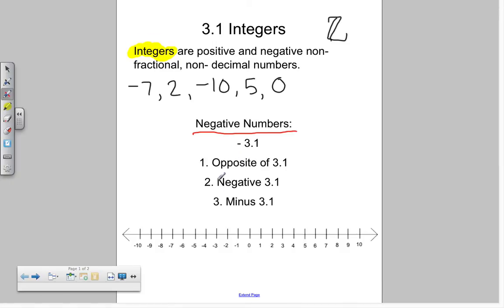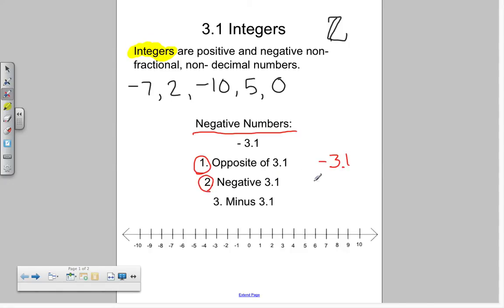There are 3 words that are associated with negatives, and I want you to get used to seeing them and thinking about them like negatives. The first one is I could say this number up here as the opposite of 3.1. So here's 3.1, and the opposite of that would be -3.1. Number 2, negative 3.1.